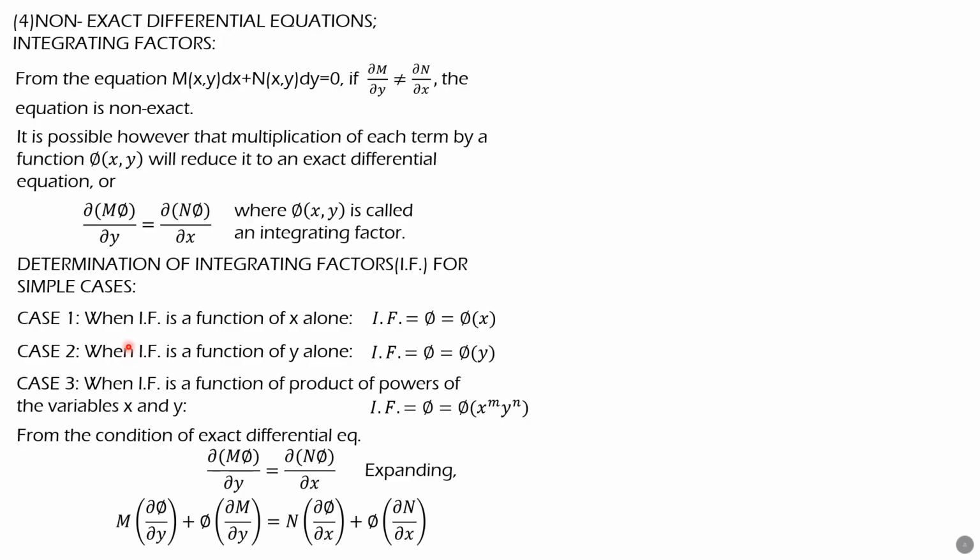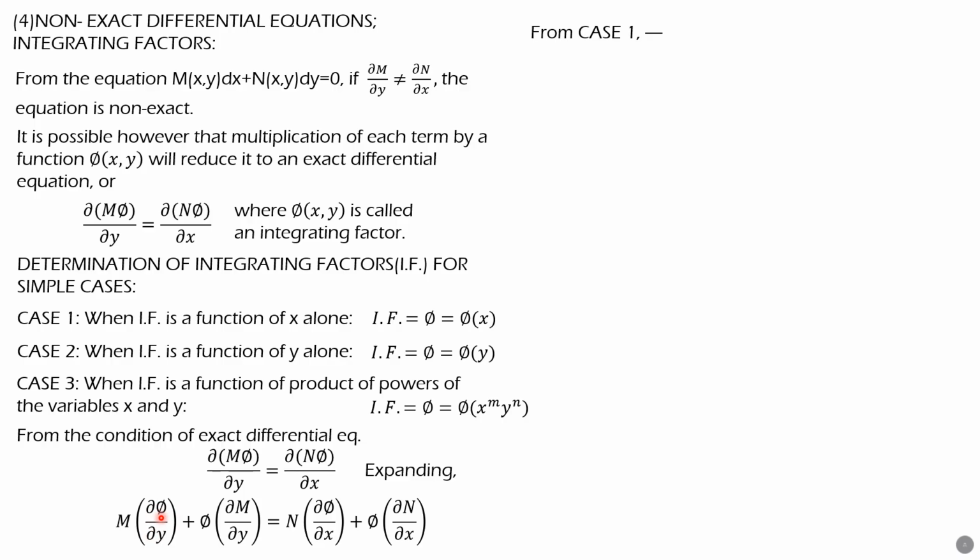So from case 1, because P is a function of x alone, noting the partial derivative of P with respect to y, because this is a function of x alone and x is treated as constant, then this is 0.